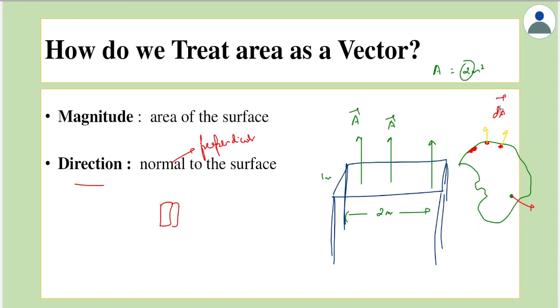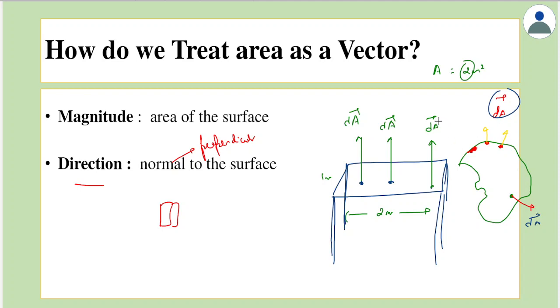As seen in the previous case, if it's a flat surface, then for every small region, here or here, all the regions will have the same direction. Unlike here, where in one case it's pointing like this, and here it's pointing like this. So here they are different directions.